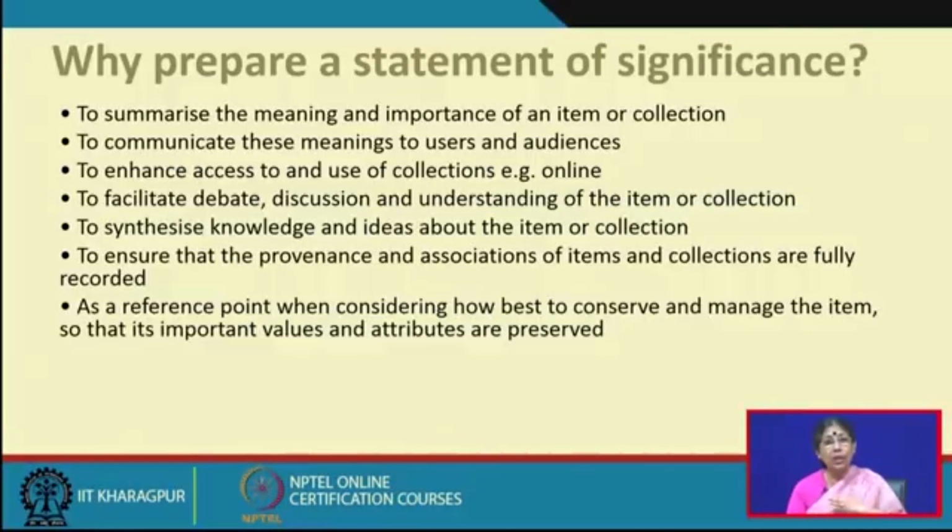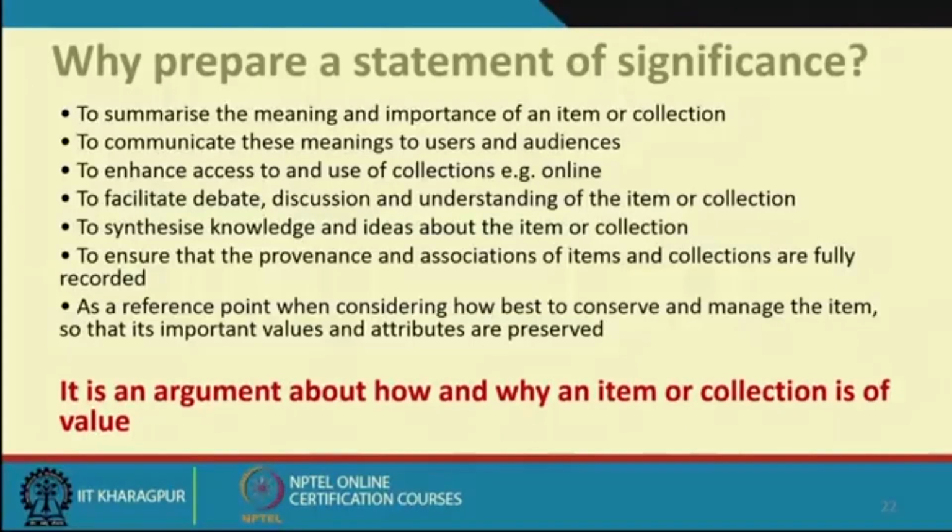It is very important. We have to come back again and again to the statement of significance to understand what should be done. It is basically an argument about how and why an item or collection is of value.